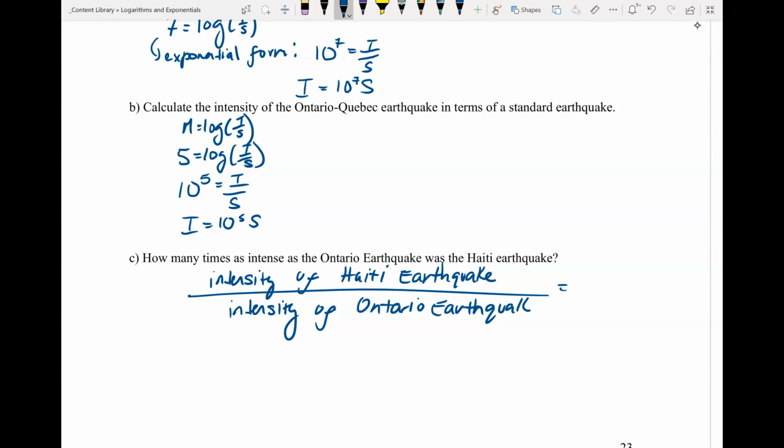The intensity of our Haiti earthquake was calculated in part A, which is 10 to the power of 7 of the standard earthquake.